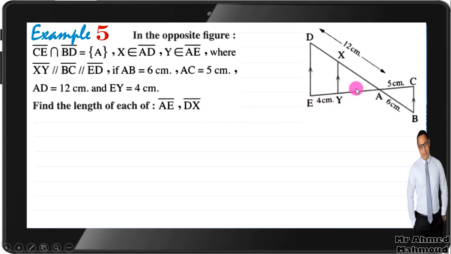Now to find AE, I will start with A. Since BC is parallel to ED, AC over AE equals AB over AD. It's easier to find AE directly.